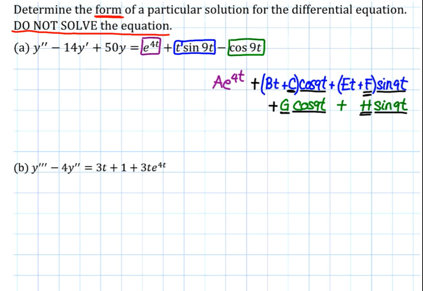So when we put all of this together, we're going to have A e to the 4t plus bt. We can say g, c plus g, but that's still a constant. So we really don't need g, because those two are just constants. So we use c, cosine of 9t.